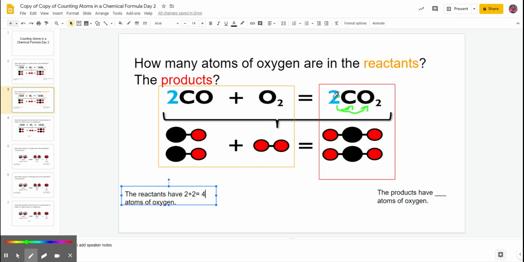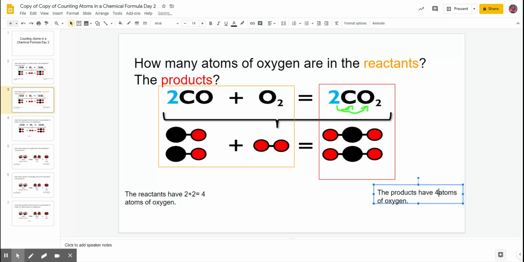Take that, multiply it for the O2. So 2 multiplied by 2 is going to give me 4. And I can confirm that by looking at the picture. How many red circles are there? 1, 2, 3, 4. So again, you can do this just with counting atoms like we have been doing, and then you can confirm with the pictures if you're feeling confused.